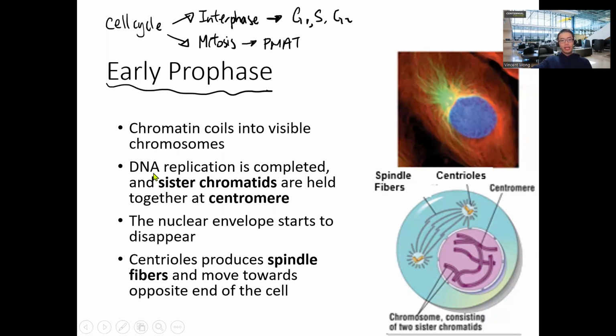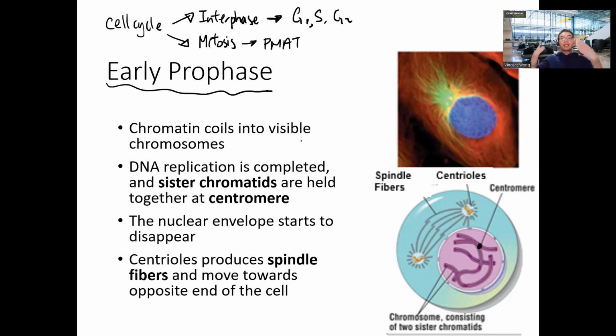By this point, DNA replication has completely finished. The sister chromatids are held together at the centromere. So there you see a centromere here. That's one sister chromatid, that's another sister chromatid. You might have another centromere here, another centromere here, and all these replicated sister chromatids are stuck together.